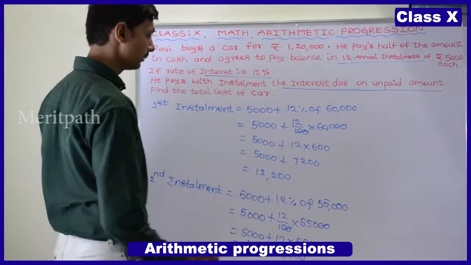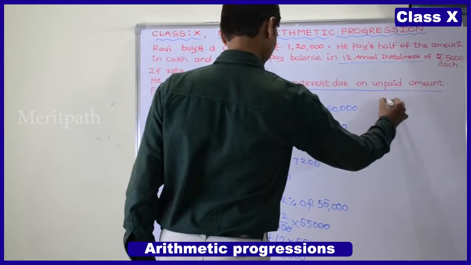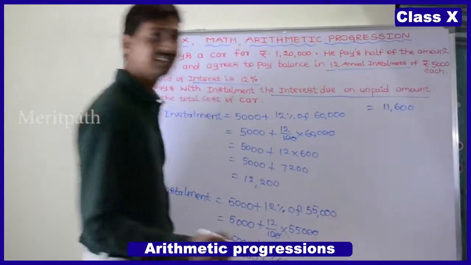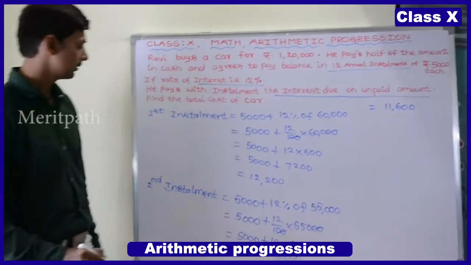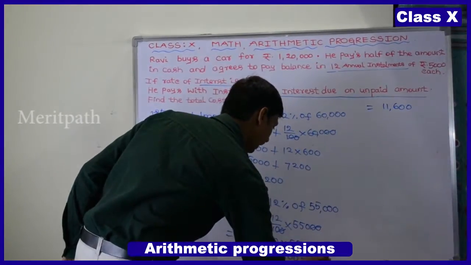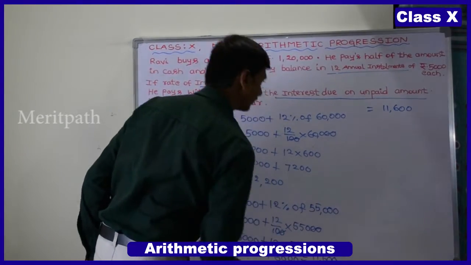After adding these two numbers, 11,600 is the second installment. Second installment is 11,600.